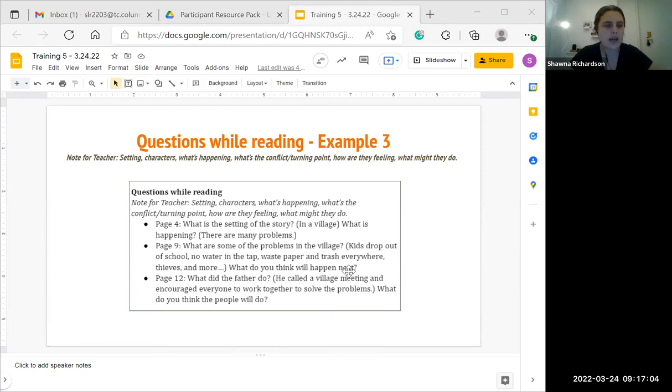And what do you think will happen next? Having students answer a few of these will get them remembering as they go. And then on page 12, what did the father do? What do you think all the people will do? This is really getting them thinking and remembering what is happening as they are listening.